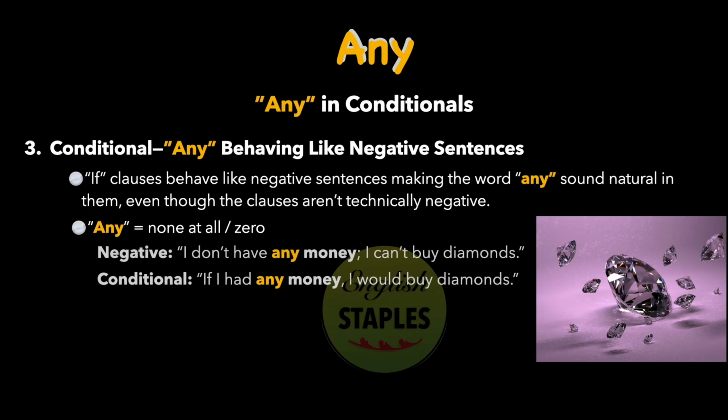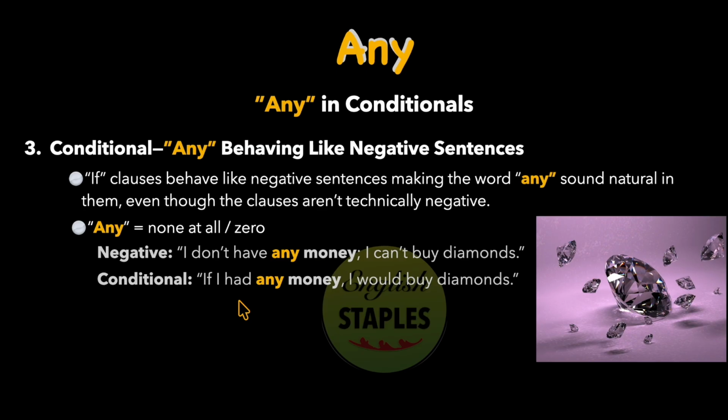Here is a real negative sentence. I don't have any money. I can't buy diamonds. So here we have do not have and can't buy, cannot buy. So through and through, this is a negative sentence. And yet the conditional sounds just as negative.